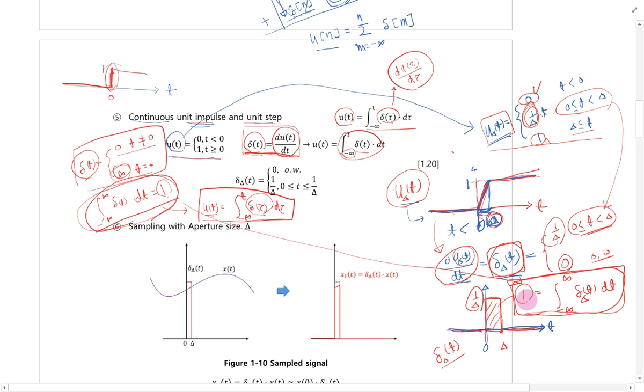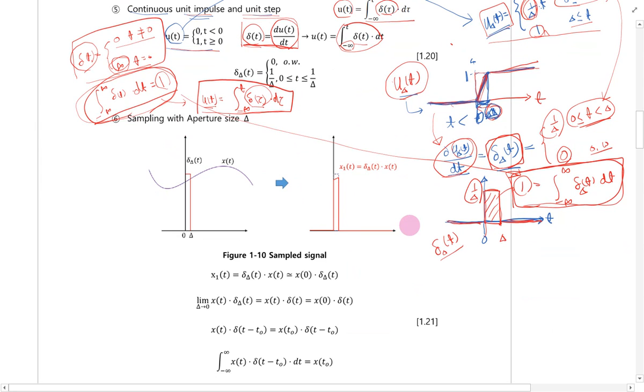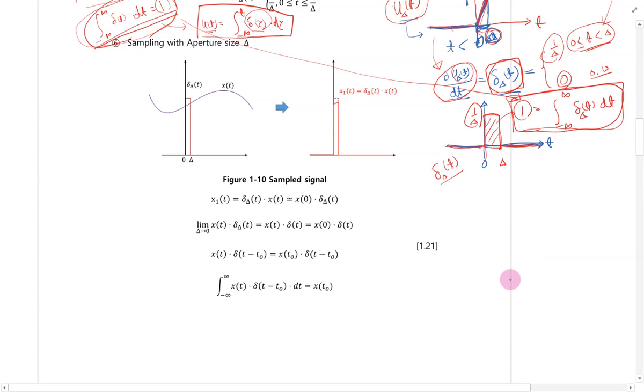which equals 1. Okay, we talked about the delta and the unit step function. These two functions are very important to characterize systems. I would like to explain why the delta function is so special. It's related to sampling. Here is shown an input signal x(t), and the approximate delta function.